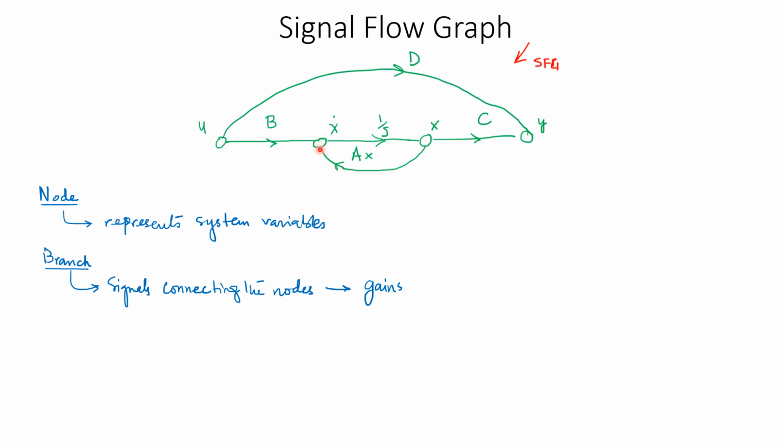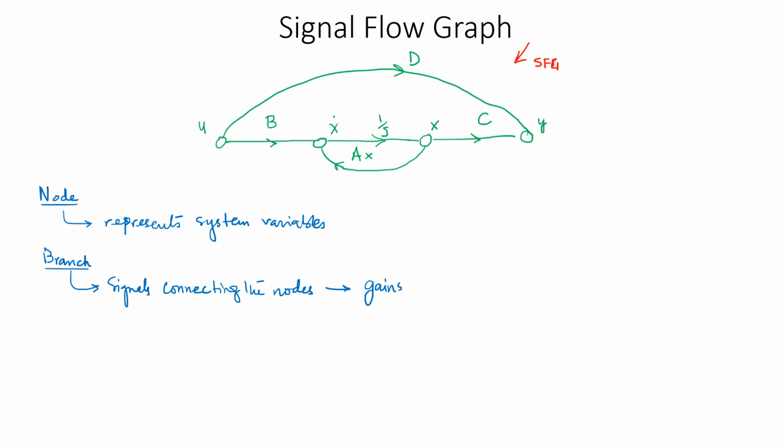Obviously there is another influence coming in from this side that we will add later, but at this particular stage, from this node to this node, you have a branch with an associated gain, and that is going to be available at the connected node.